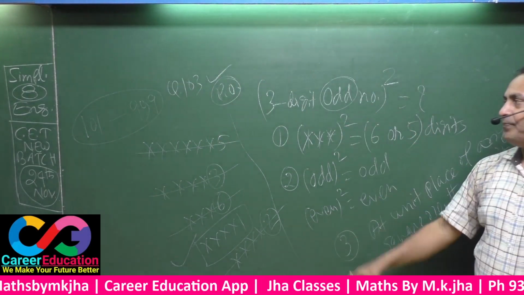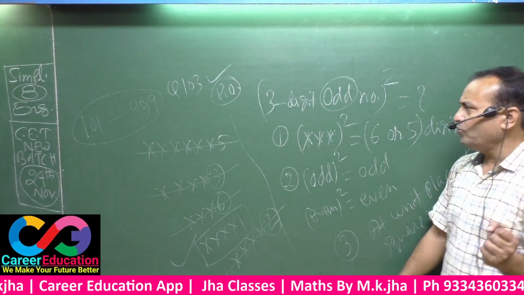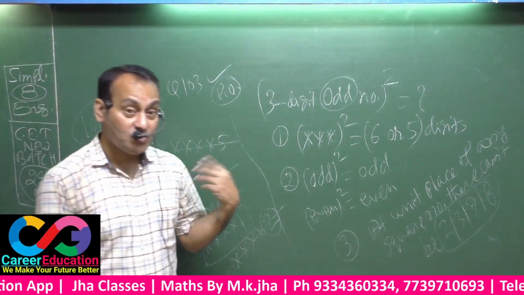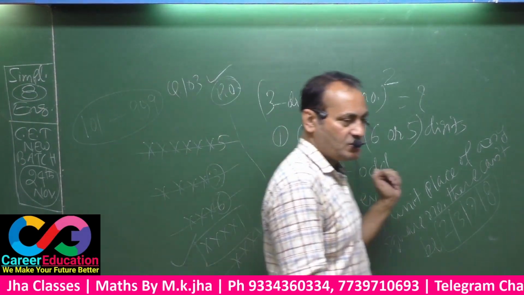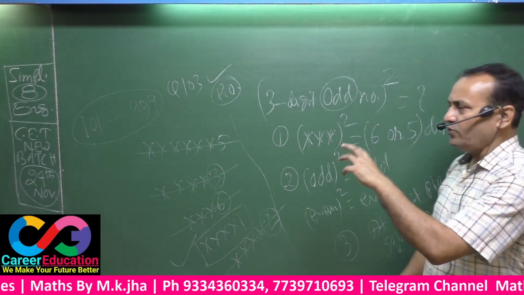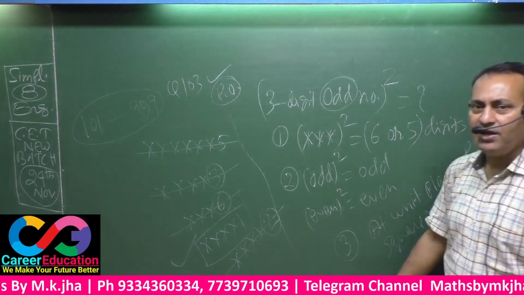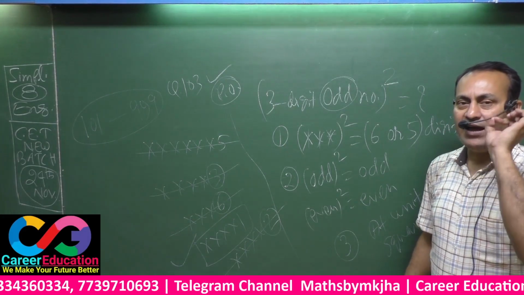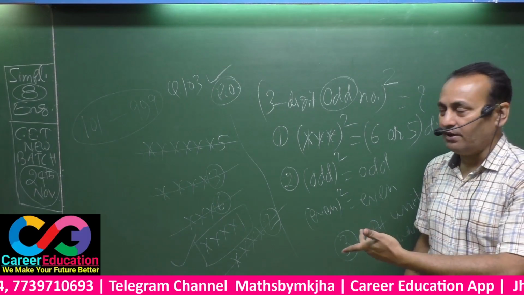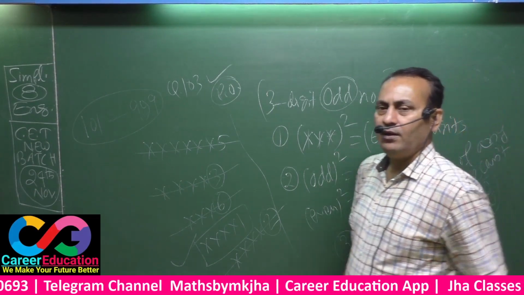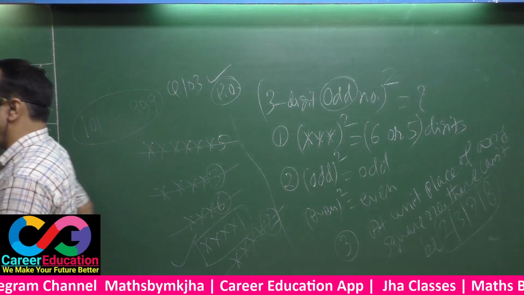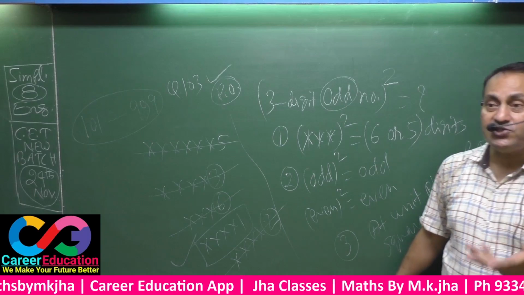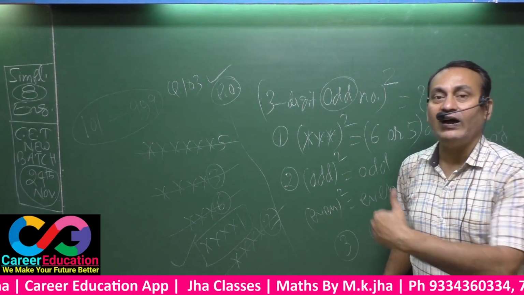According to the situation, a 3-digit odd number was squared, and these are the results shown before you. You have to search which one may be the right answer. Certainly for that you apply 3 rules here. First rule, after squaring an odd number, the result must be an odd number. Secondly, the square of any 3-digit number will give you 3 into 2, 6 digits, or 6 minus 1, 5 digits.